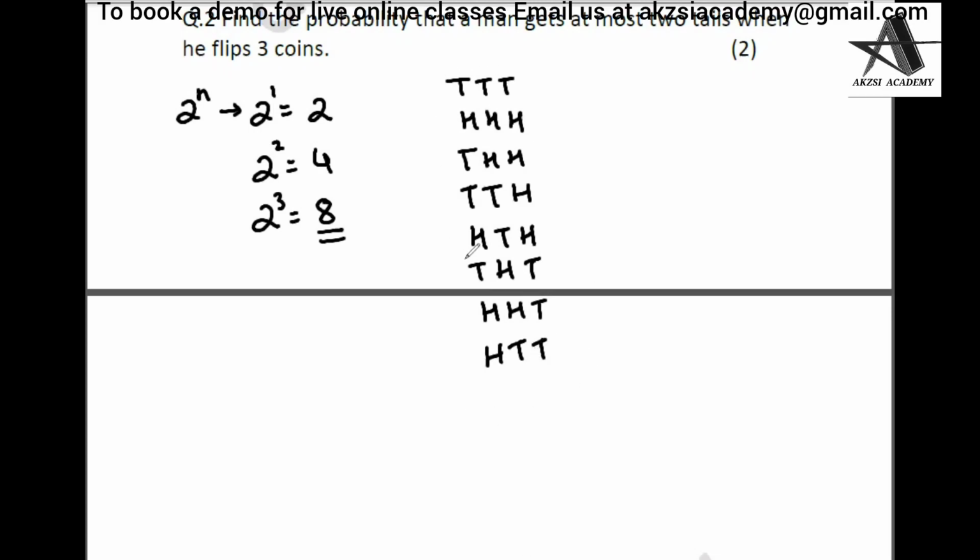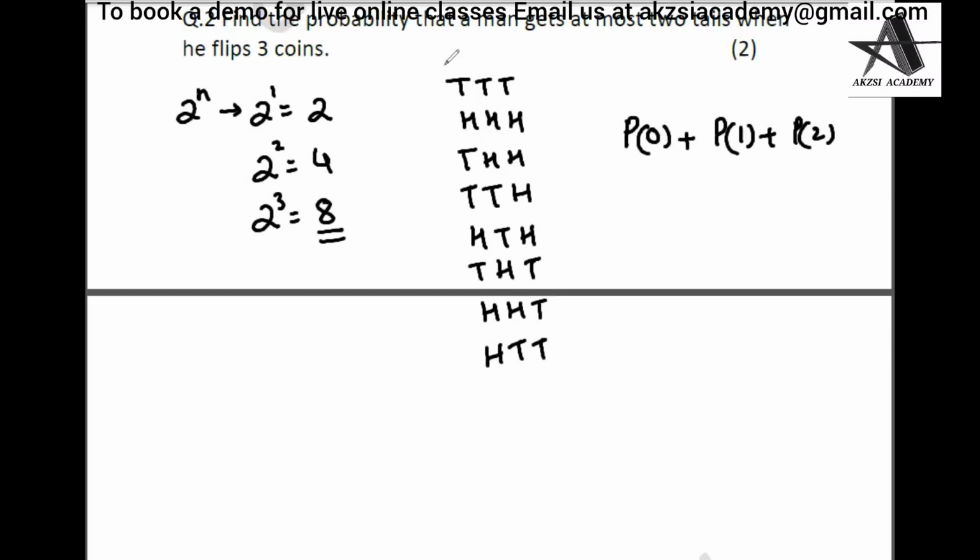In this way, we can see that we have made all the 8 possible outcomes. Now we have to find the probability that a man gets at most 2 tails when he flips 3 coins. At most 2, that means we have to find individual probabilities. Probability when he will get 0 tails, plus probability when he will get 1 tail, plus probability when he gets 2 tails.